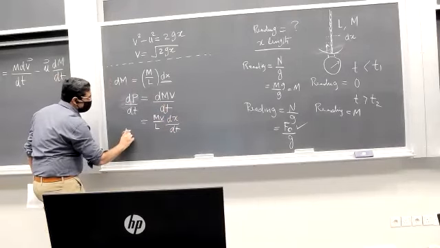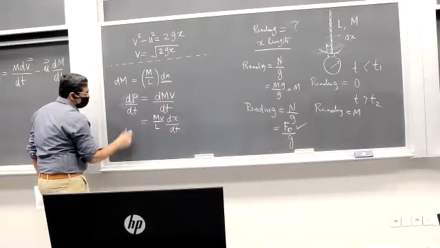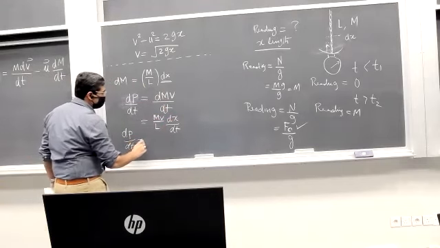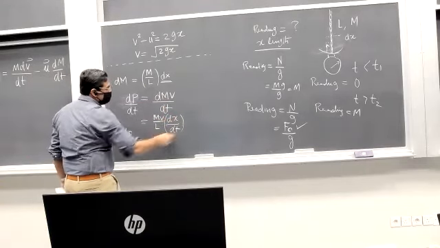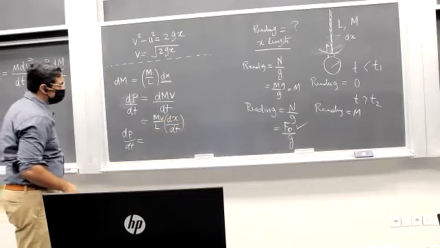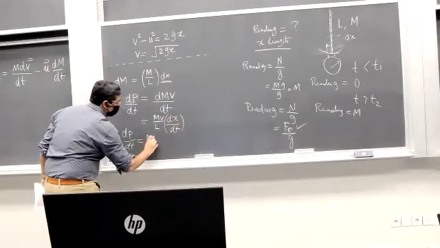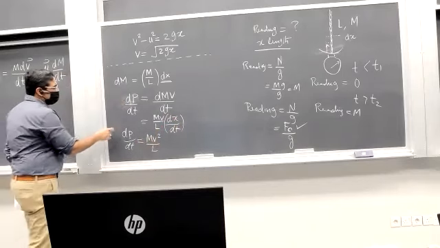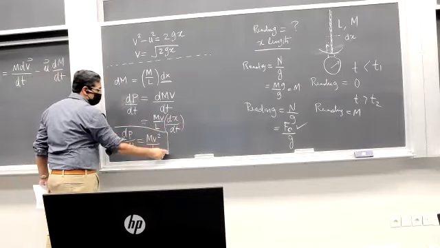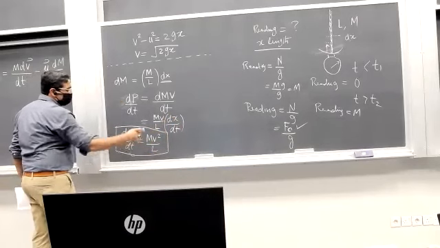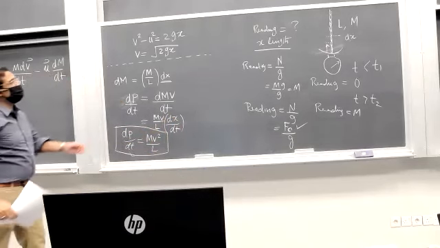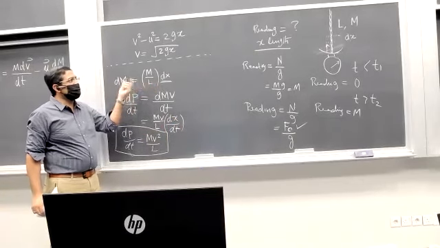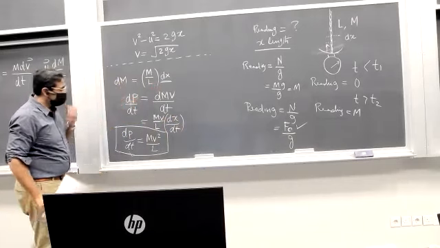So dp by dt is equal to, and this is what? Velocity. So then this becomes mv squared over L. That is the change in momentum when a small portion of chain has dropped on the scale. That is the change in the momentum of the chain.